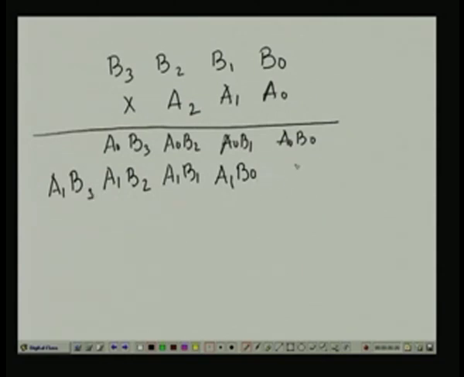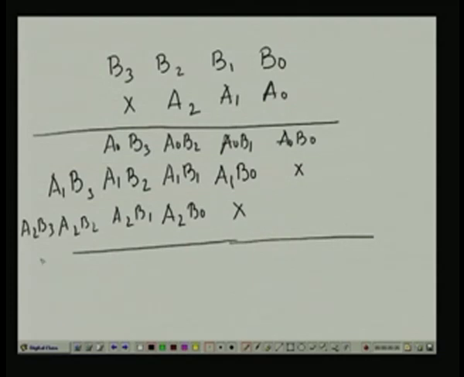Again, it will be shifted when it is multiplied by A2: A2 B0, A2 B1, A2 B2 and A2 B3. Now, we have to add the whole thing. So, A0 B0 will be as it is.